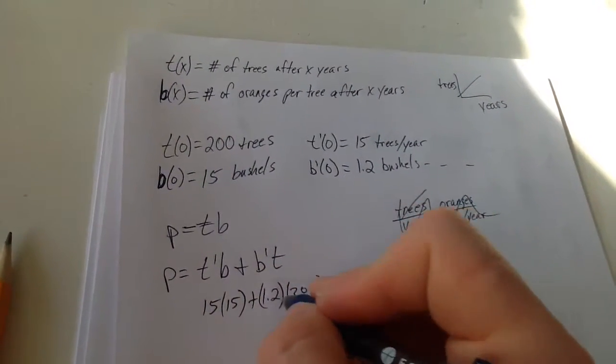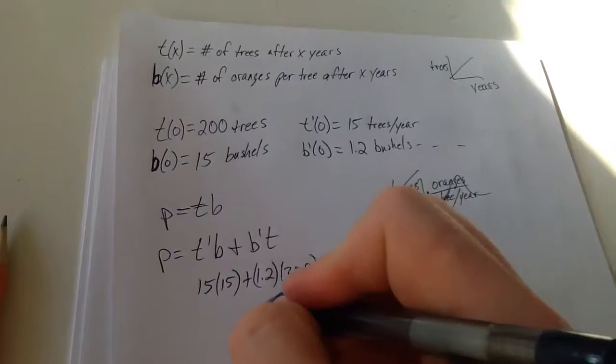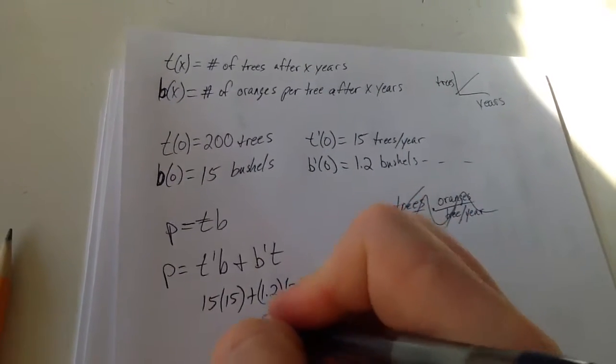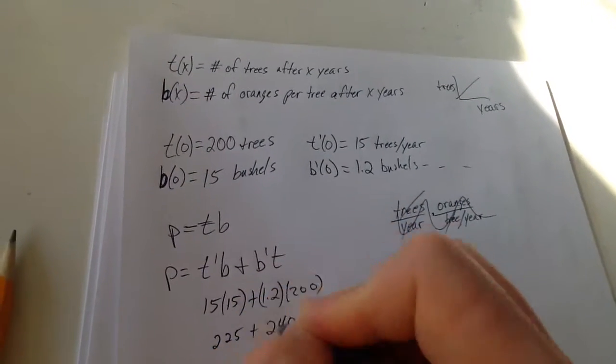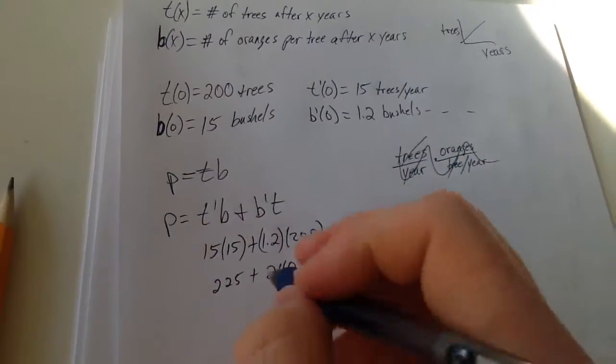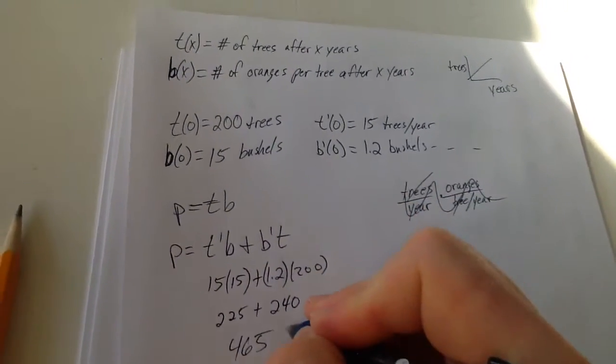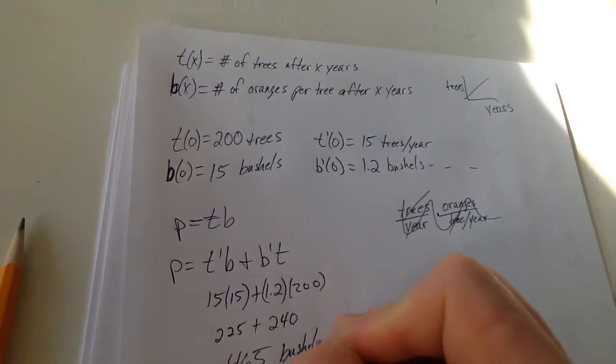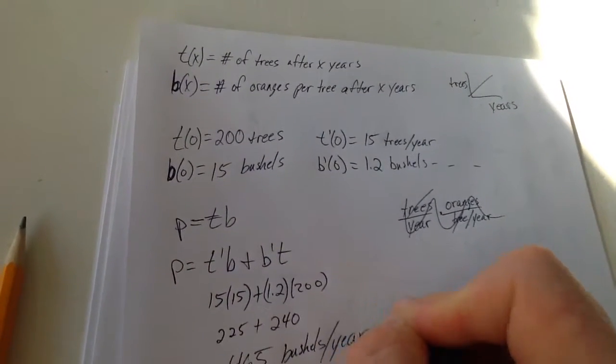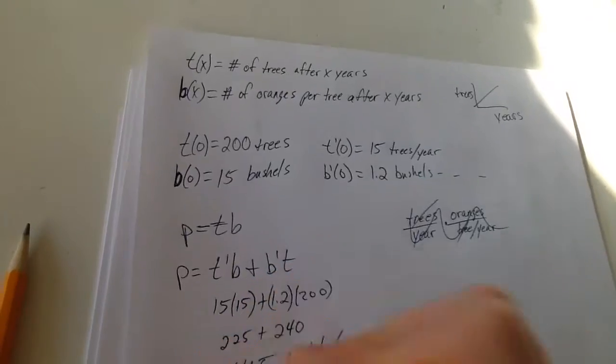I don't even know. 200 times 1.2 is 240. And I think that's 225. So if we add those together, we get 465. That would be bushels per year that she's increasing her production by.